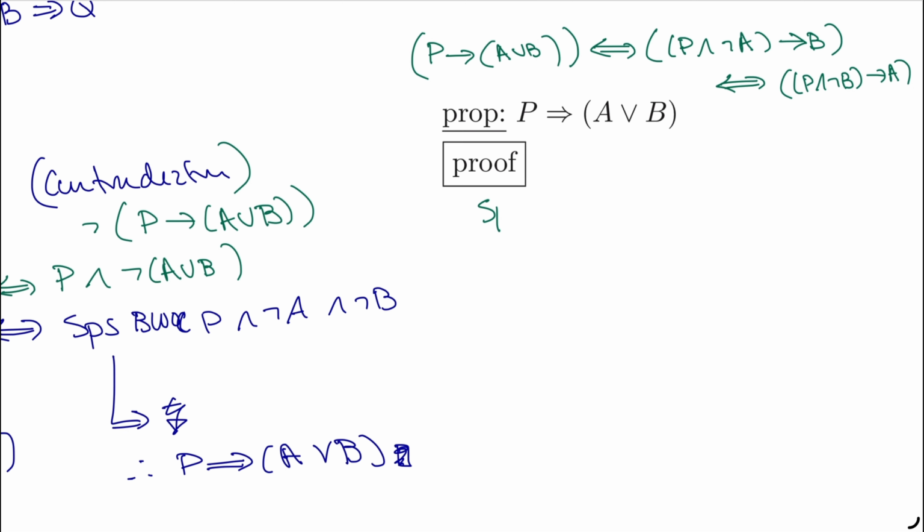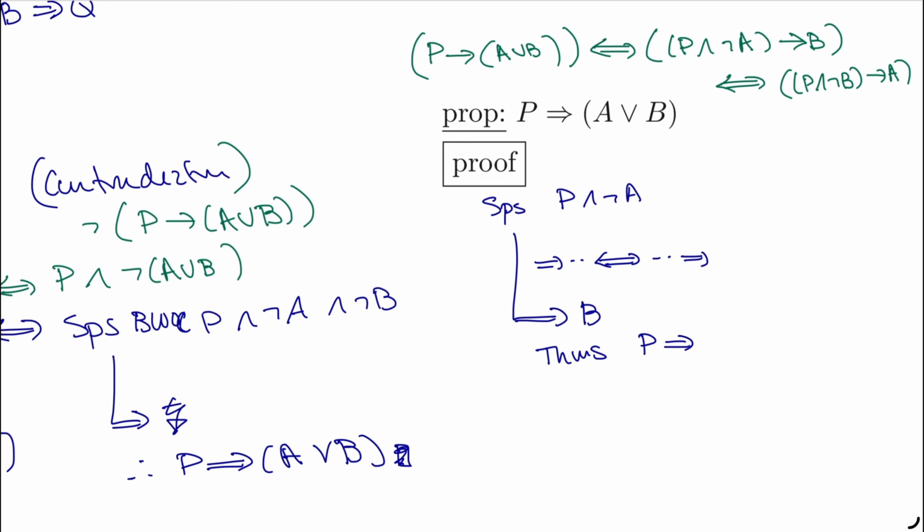I'll pick the P and not A. So we would suppose P and not A, and I just need to show that that is enough to conclude B. Okay, and that would allow us to say, thus, P implies A or B.